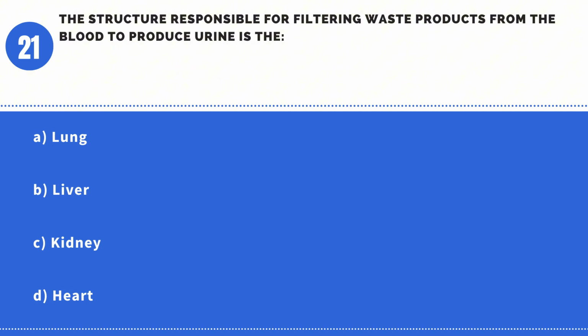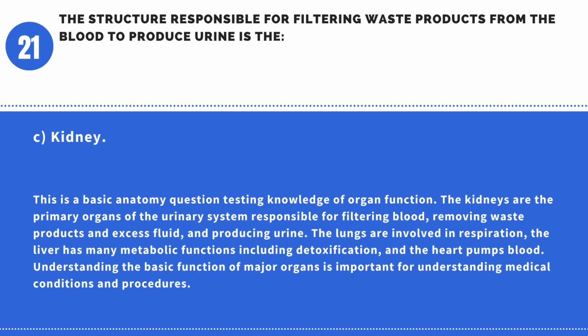Question 21. The structure responsible for filtering waste products from the blood to produce urine is the A. Lung, B. Liver, C. Kidney, D. Heart. Answer, C. Kidney. This is a basic anatomy question testing knowledge of organ function.